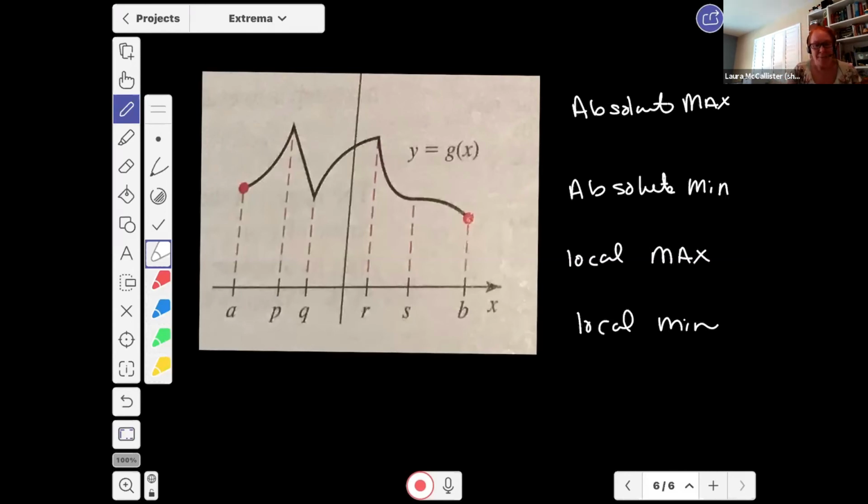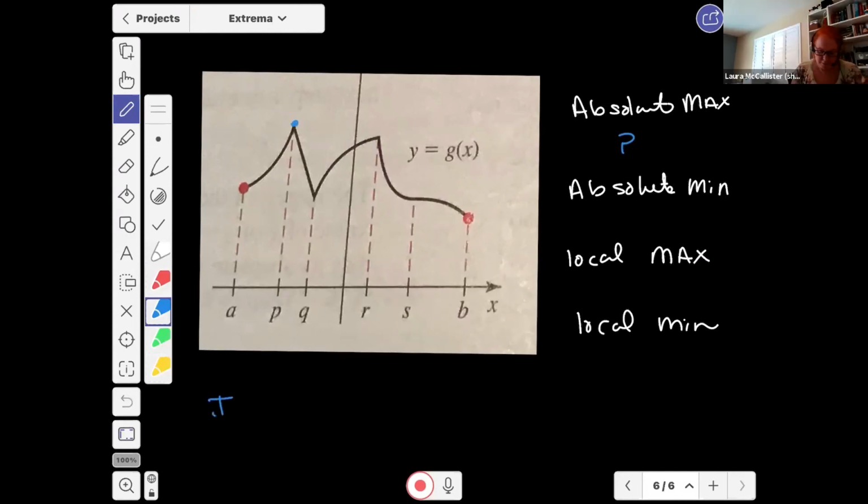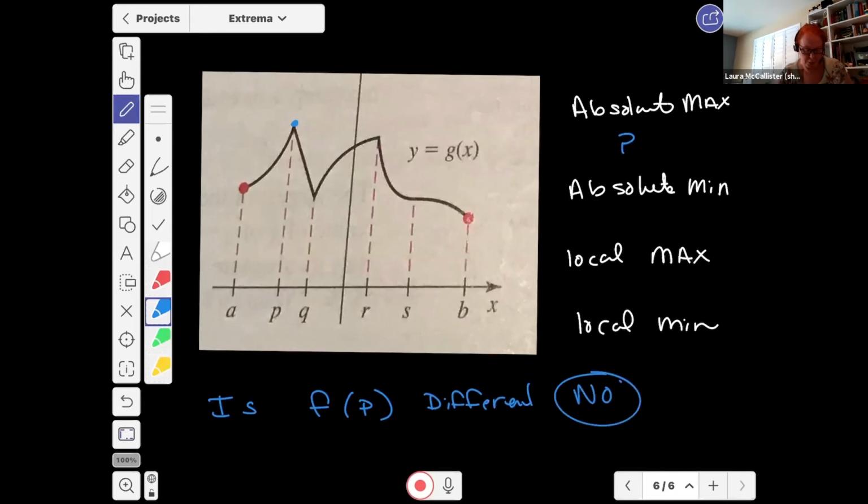All right, so let's go through and look at this. It has an absolute max at P. Now, is f of P differentiable? Perfect. That's why I've included a lot of those. I want to make sure that's really, really clear with all of that.